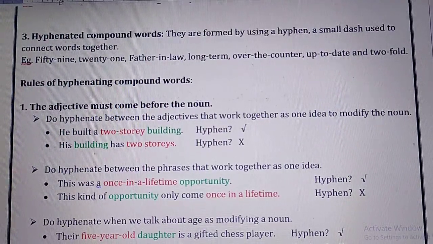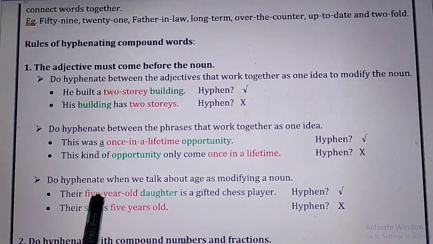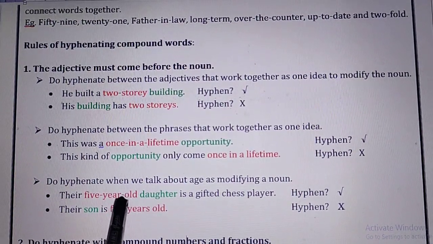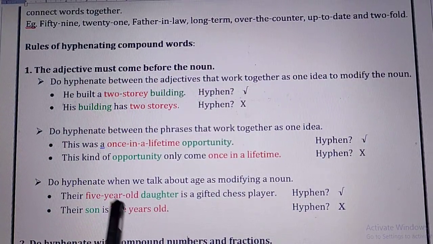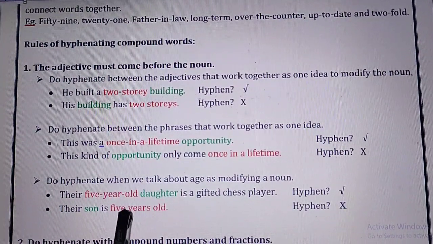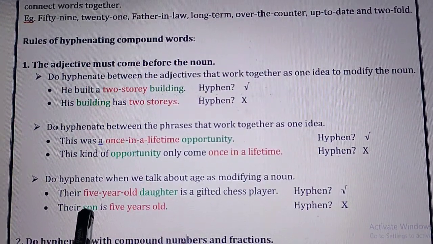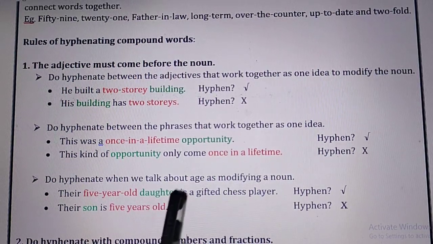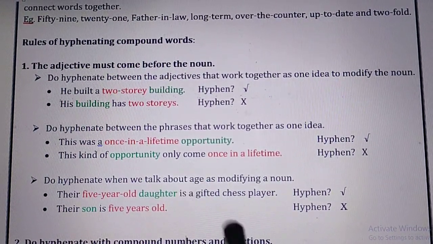In age also, when the age is before the noun, you have to use a hyphen and the year will be in the singular form, and when it is coming after the noun, it can be in the plural form, and you shall not use a hyphen when it is used after the noun. The same is the case with money and distance, likewise age.